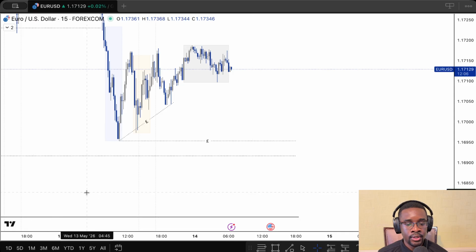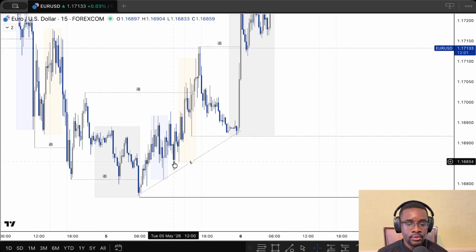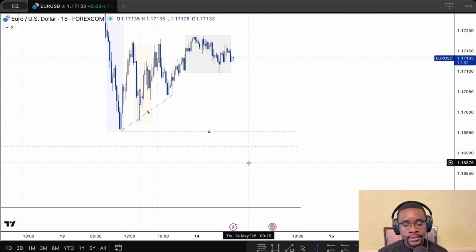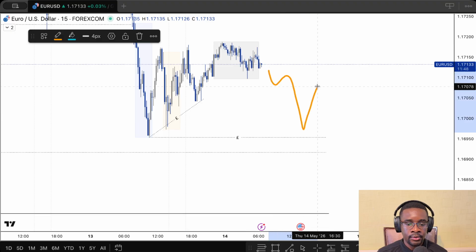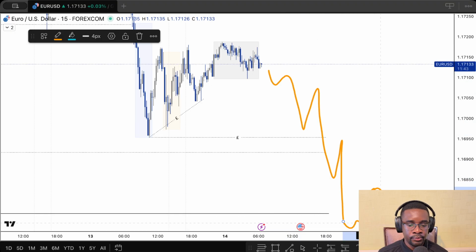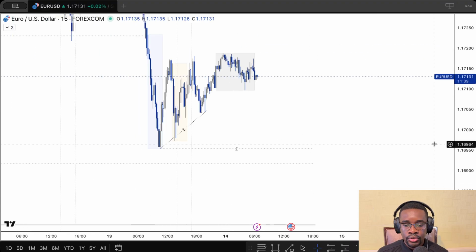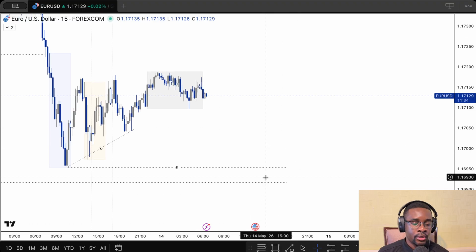However, because of all the relative equal lows, New York low, London low, Asia low, which are all relatively close together, I would anticipate that price will continue to come down, take this out, and only after that have a reaction. So my bias is bearish. That's what I'll be looking at.